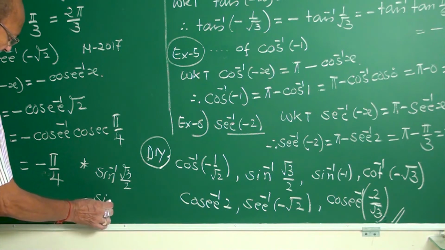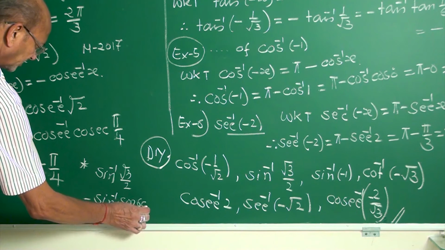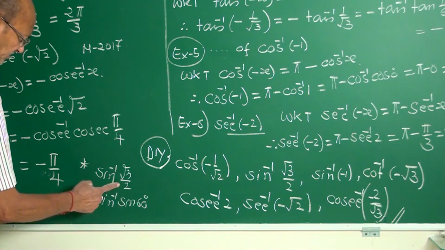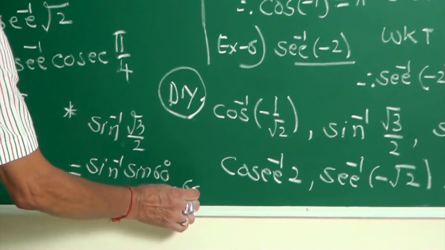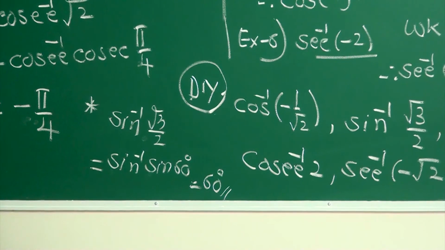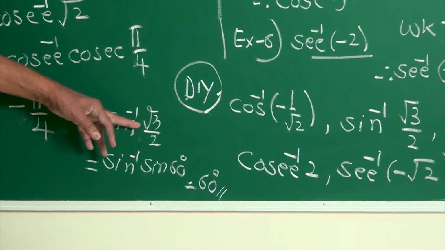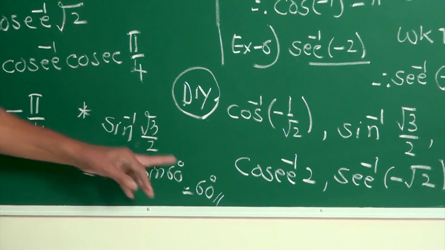Root 3 by 2 is sine 60 degrees. You wanted to write in terms of degrees. Sine 60 is root 3 by 2. Sine inverse of sine is 60 degrees. Then you can write in terms of degrees. It is with a positive sign. Otherwise directly you can write 60 degrees.